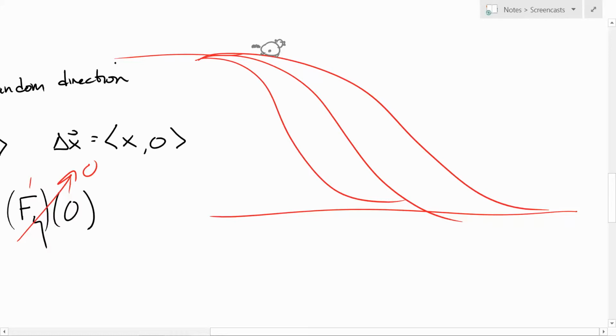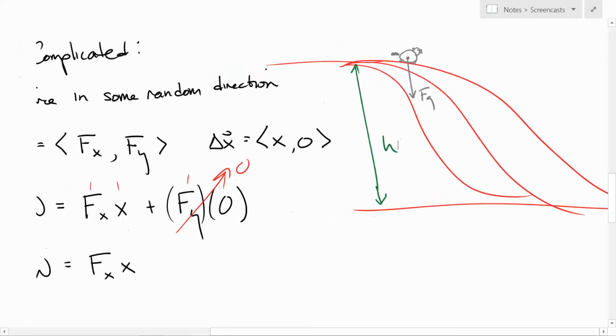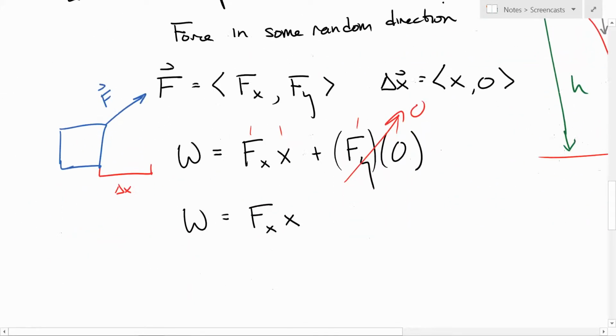Only force acting on the pig, assuming it's a slippery enough slide, is gravity. So the only bit of its displacement that we care about is this change in height, h. Reasonable enough.